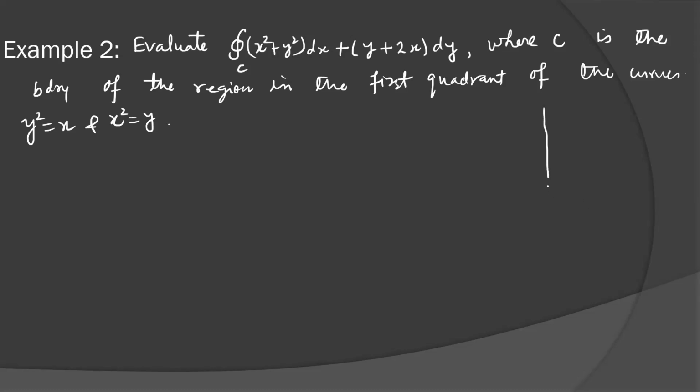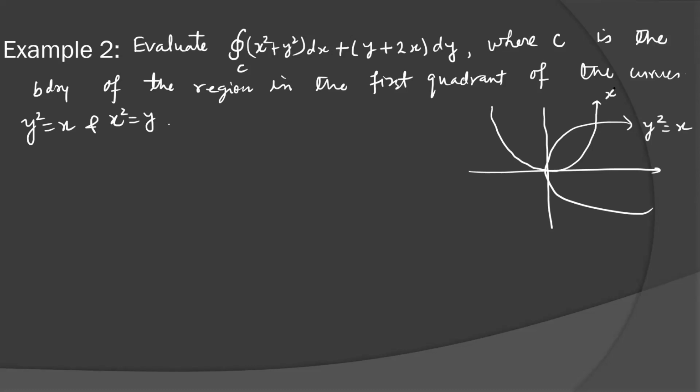If we draw the geometry of these curves, y square equal to x and x square equal to y, and you see the common region, then this is your bounded region. So this region is actually R. If we draw it in green color, this region R colored green is the R region actually. Suppose this is point A, then C is actually OA union AO.